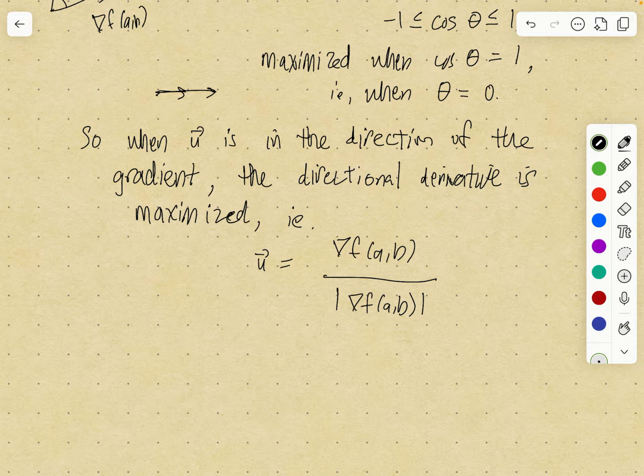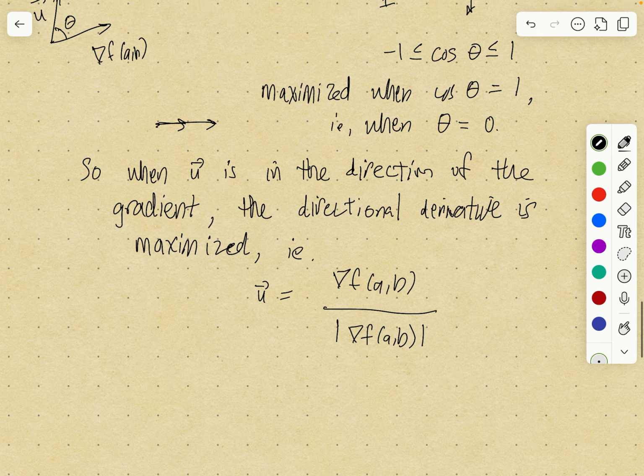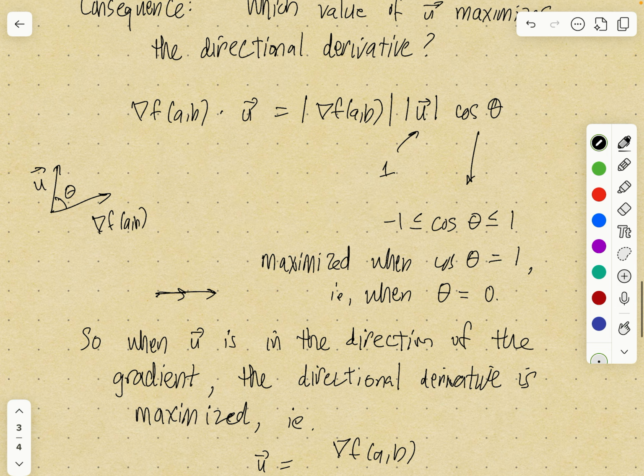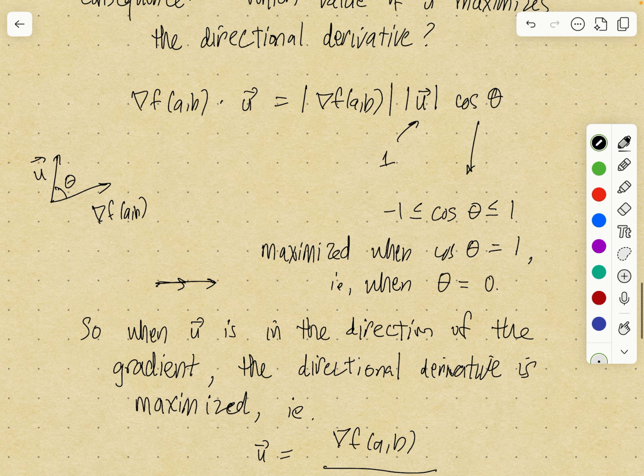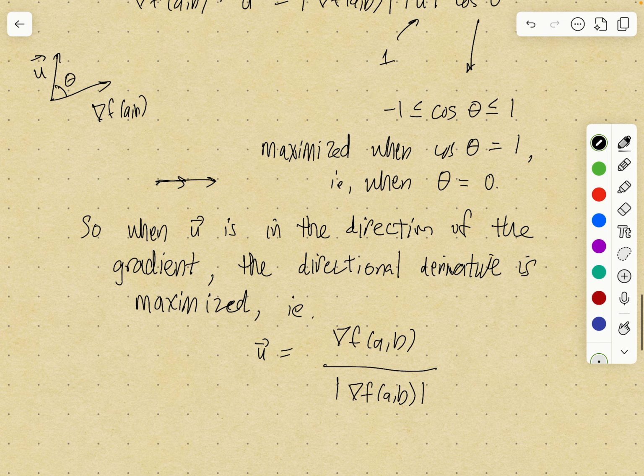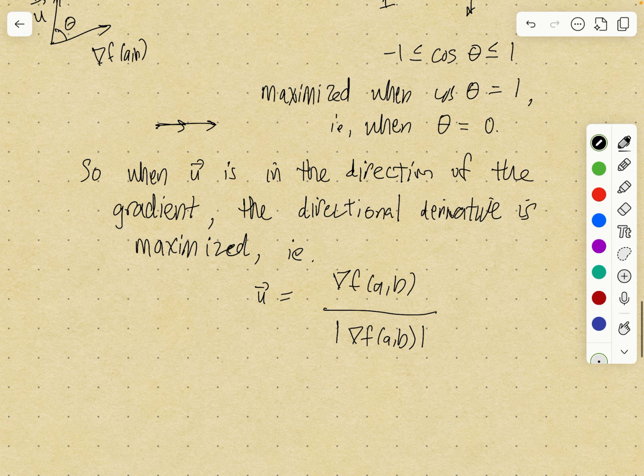So this is the vector that will maximize the rate of change of your function. So if you have a function f of x, y and you want it to increase as quickly as possible, you should move in the direction of the gradient. And what if you want to make f decrease as fast as possible, or at least increase as little as possible if your function can't decrease?